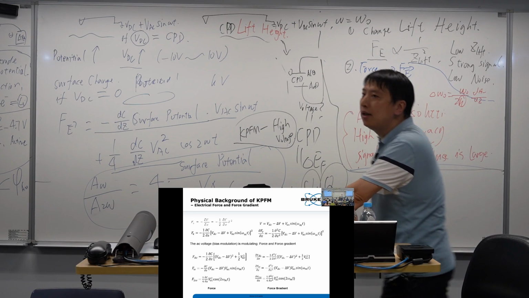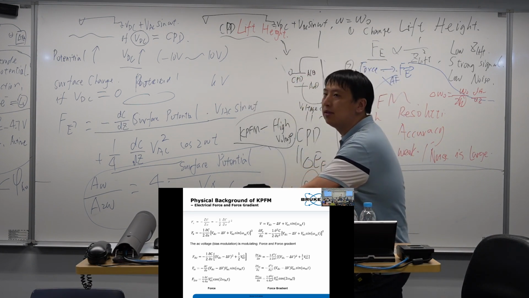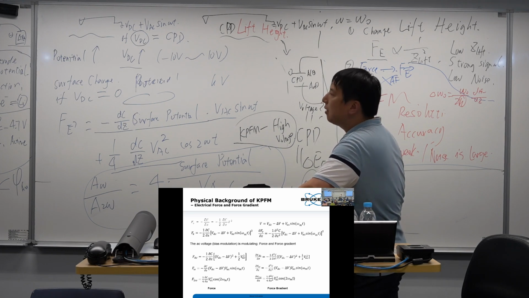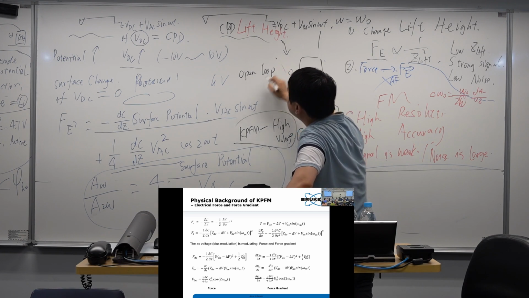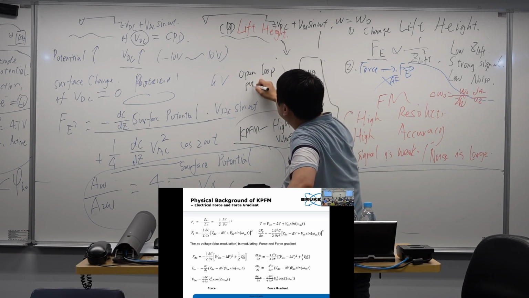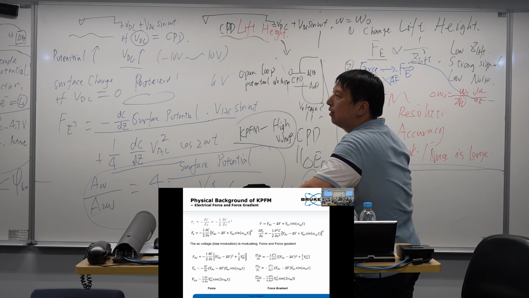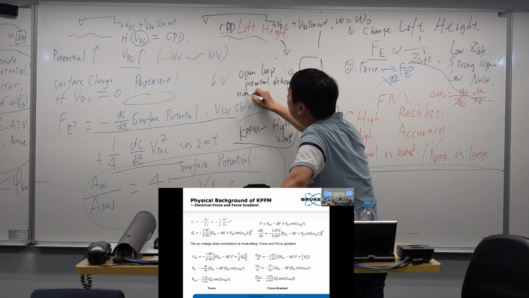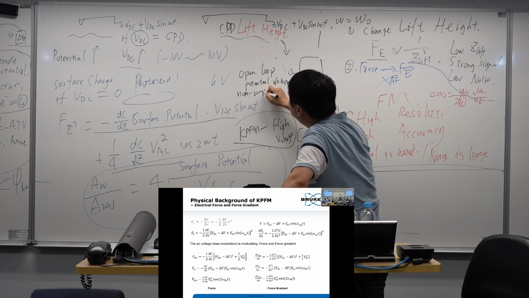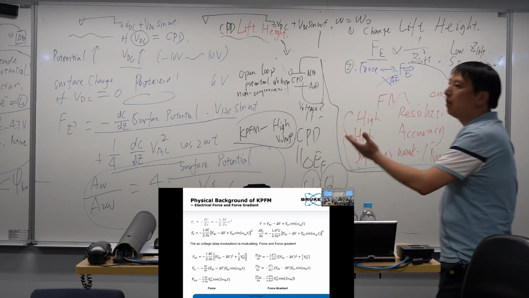And in the references, you will find different names for this method. Sometimes they call it open loop potential detection. Some references will call it low compensation or no compensation potential detection, and so on.